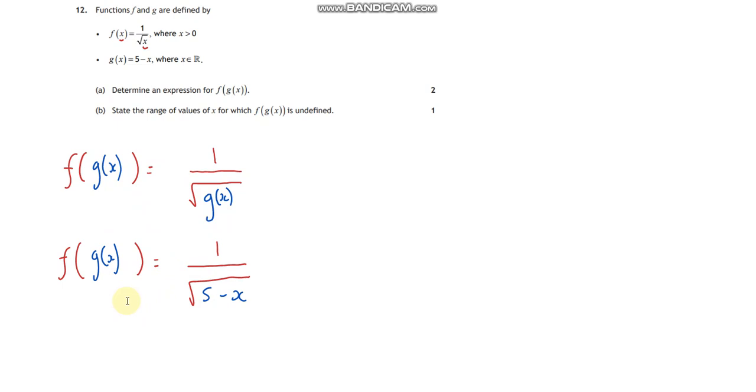So yeah, the next bit is talking about the range of values for which it is undefined. Okay, so there's two things you need to remember with this. Is that you cannot divide by 0. Okay, so if I do 1 over x, right, x cannot be equal to 0. I can't divide by 0.